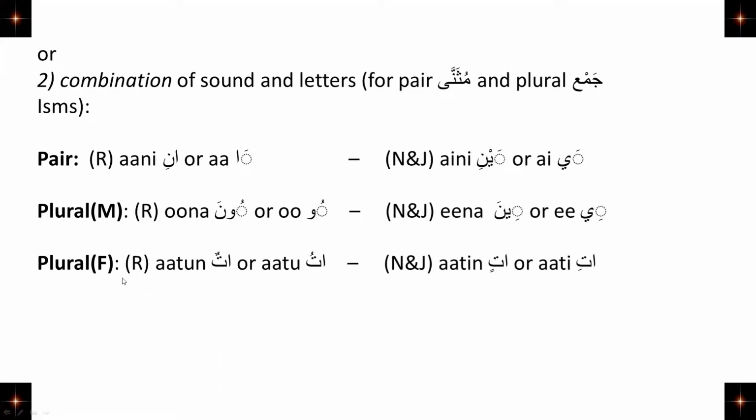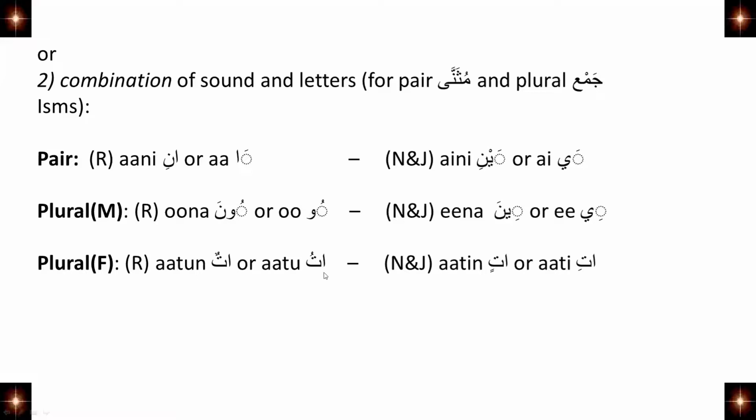Good. And if it is a plural feminine, we say atun, the ending would be atun or atu. So in this case, there's alif and ta, but if it is heavy, it's dhammatan, and if it is light, it's dhamma. Atin and ati. You see, this is heavy and this is light, both in Nasb and Jar status.